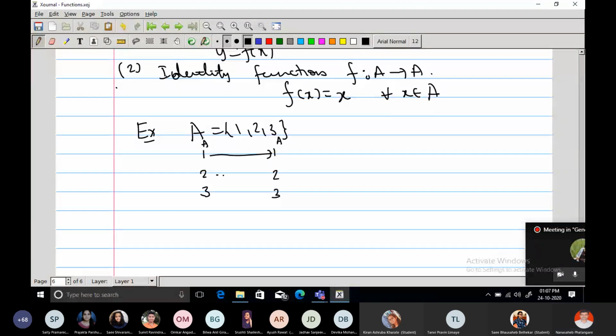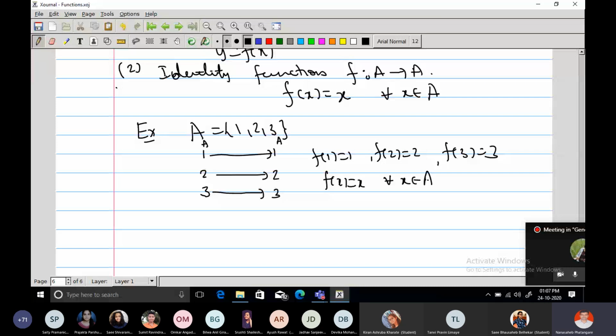That means f(1) = 1, f(2) = 2, f(3) = 3. First of all, is it a function? Yes, sir, because it is defined at every element of A, and every element has a unique corresponding value. So f(x) = x for all x in A. The image of x is x. That's it.